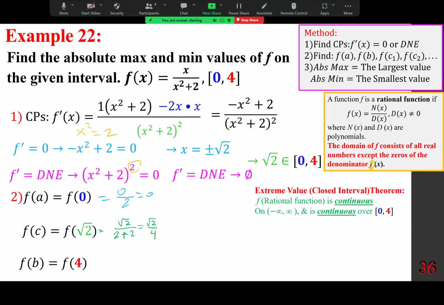With number 4, we get 4 in the numerator. 4 squared, which is 16, plus 2. This is 4 over 18, or 2 over 9. So these are the answers.